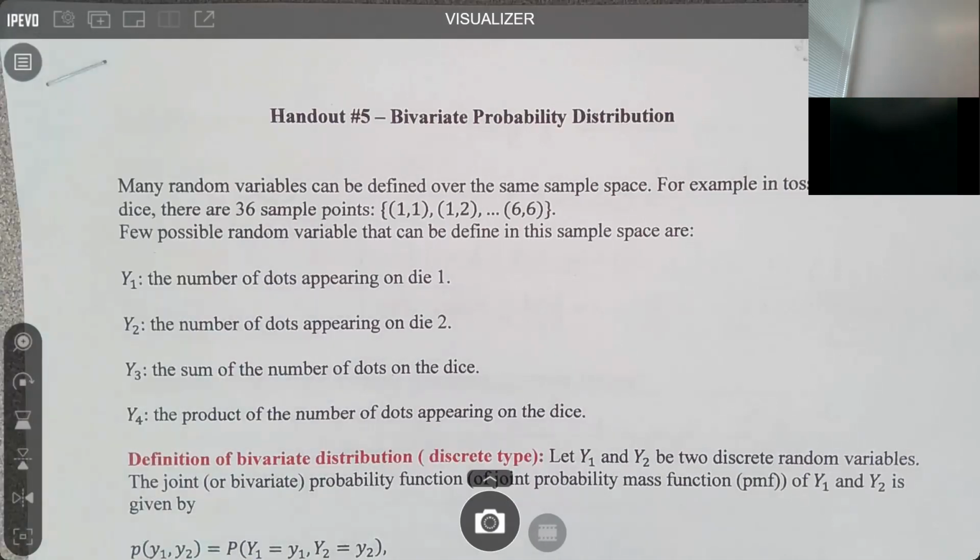So f equals, it doesn't have any, y to the power alpha minus 1, times 1 minus y to the power beta minus 1, over beta.